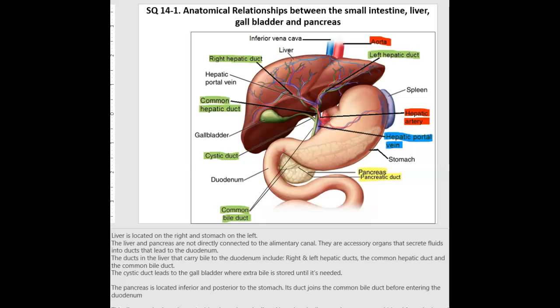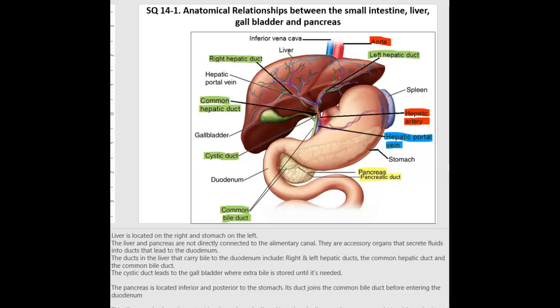The liver and pancreas are not directly connected to the alimentary canal. They're considered accessory organs that secrete fluids into ducts that lead to the duodenum, the first part of the small intestine. The ducts in the liver are highlighted in green, and they carry bile to the duodenum.